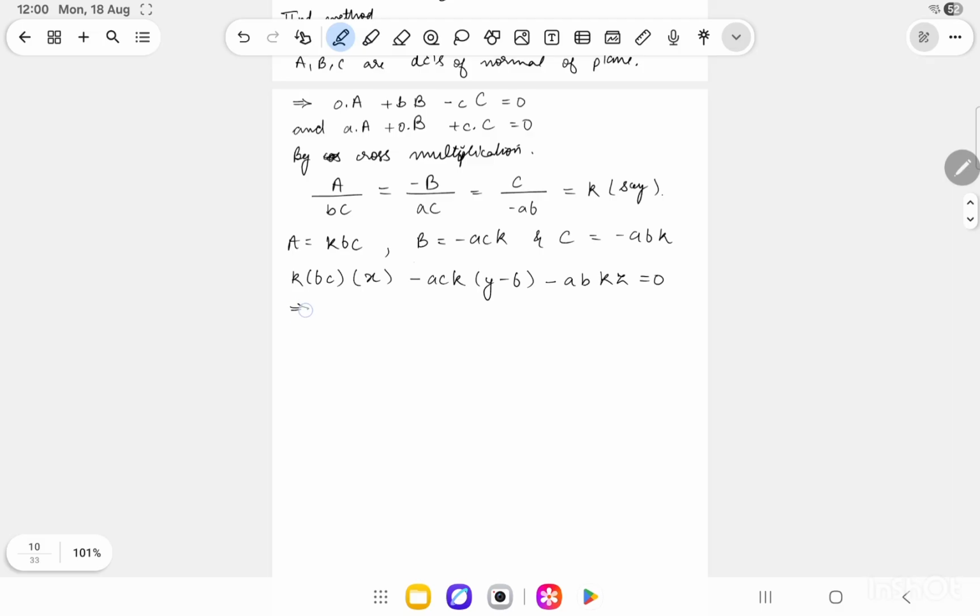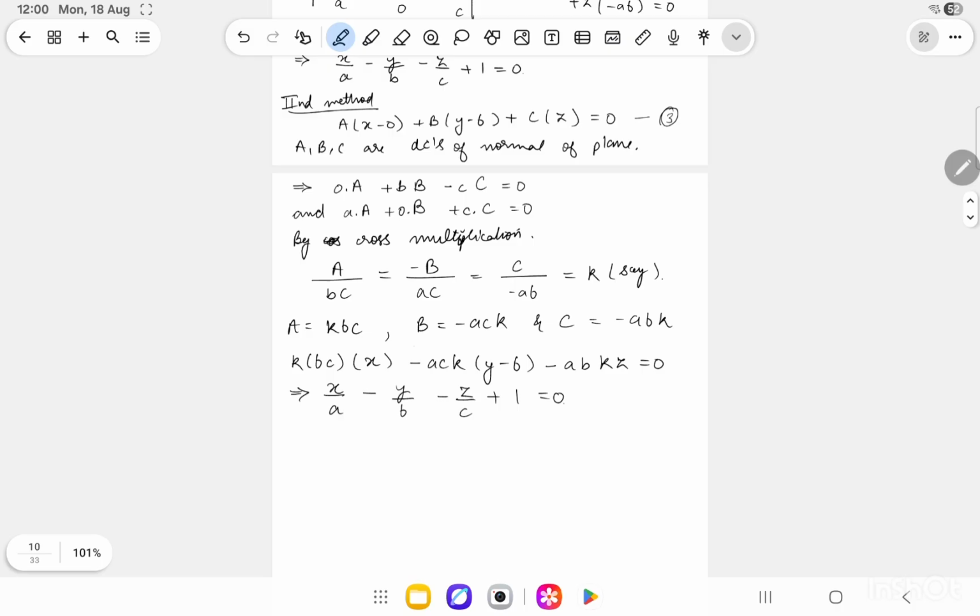If I further simplify it, I will get x by a minus y by b minus z by c plus 1 equals 0. Using this method also we got the same equation as we got by our previous method.